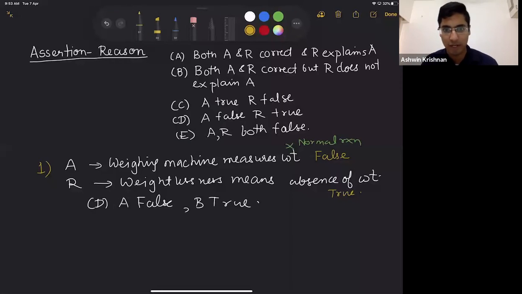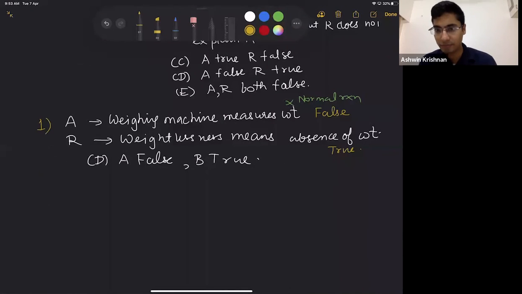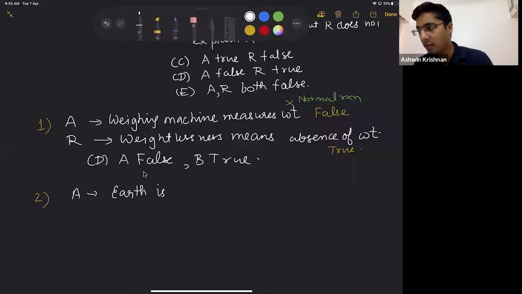Let me go to one more question. Question 2. Okay, question. Assertion: Earth is an inertial frame of reference.